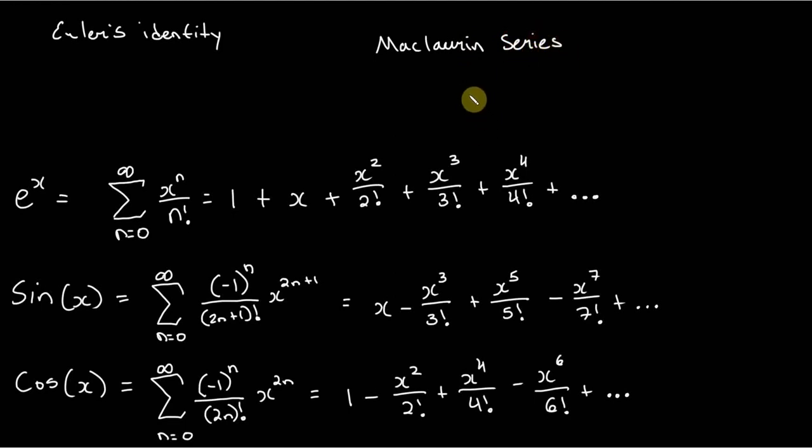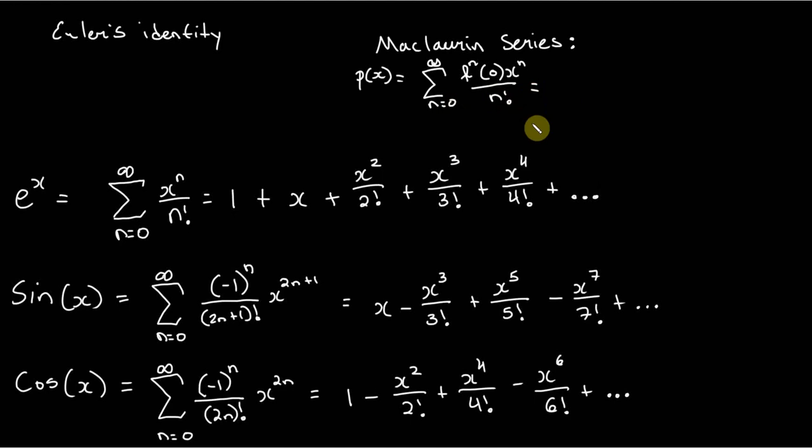And the Maclaurin series, let's write it this way: f of x equals the sum from n equals 0 to infinity of f to the power of n of 0, times x to the power of n, and all that is over n factorial.